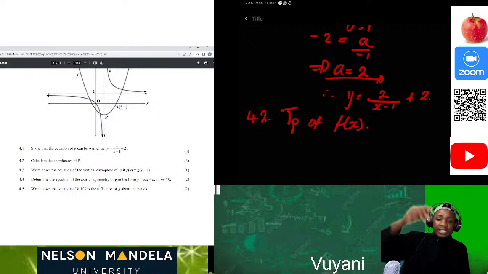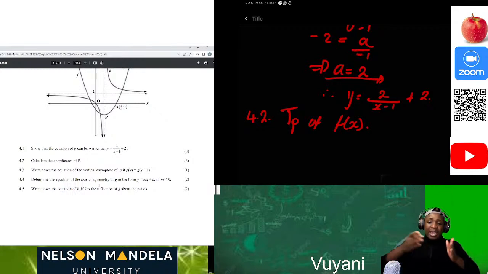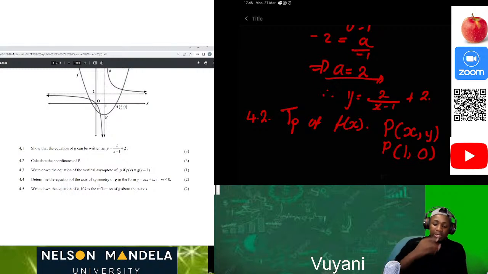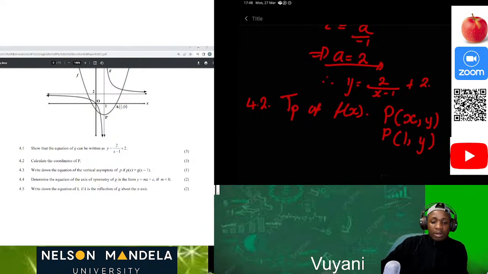And we can see that P has the same x value as the vertical asymptote. So we know that P is (1, y), because it has the same x coordinate, and we only don't know the y.